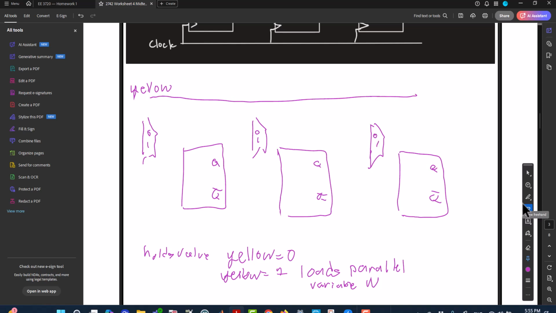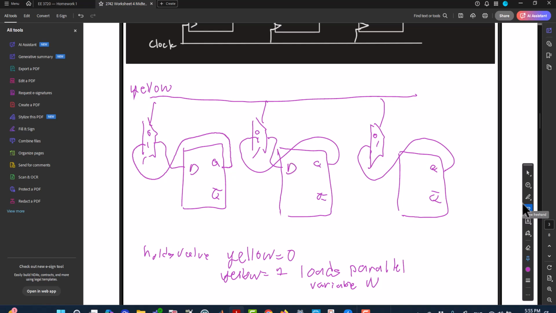So here's our variable. And when it is 1, it holds the same value. The output of the multiplexer goes into the flip-flop. Oh, I put it into the 1, so that's holds value when yellow equals 1. When yellow equals 0, it loads W in parallel.